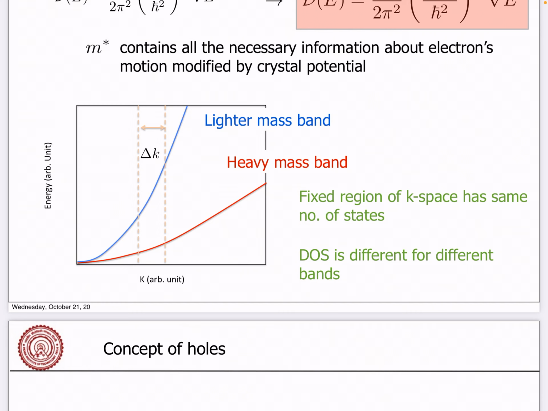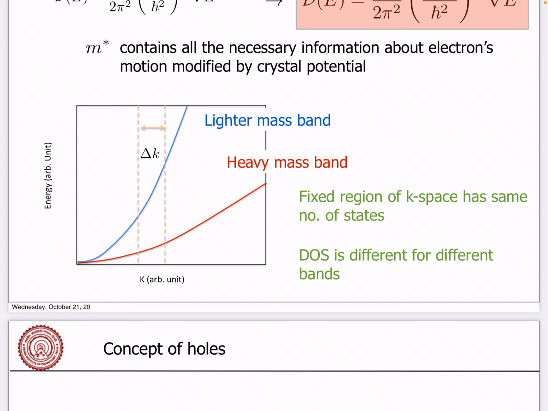So within a certain range of k values, the number of allowed k states is fixed, right? Now, considering the band structure, for the red curve, for the same width of the wave vector, the energy change on the y-axis is smaller than for the blue curve.